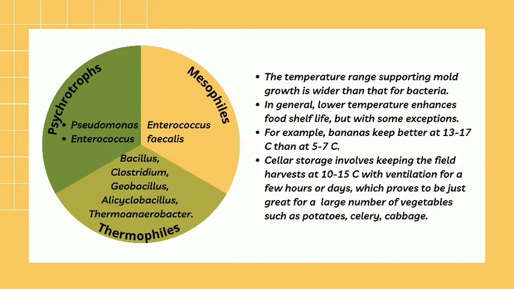Cellar storage involves keeping the field harvests at 10 to 15 degrees centigrade with ventilation for a few hours or days near the fields itself, which proves to be a great choice for a large number of vegetables such as potatoes, celery, cabbage, etc. Other environmental factors such as pH, relative humidity, and presence of inert gases or absence of oxygen are also intertwined with the environmental temperature for the purpose of controlling microbial spoilage of food.